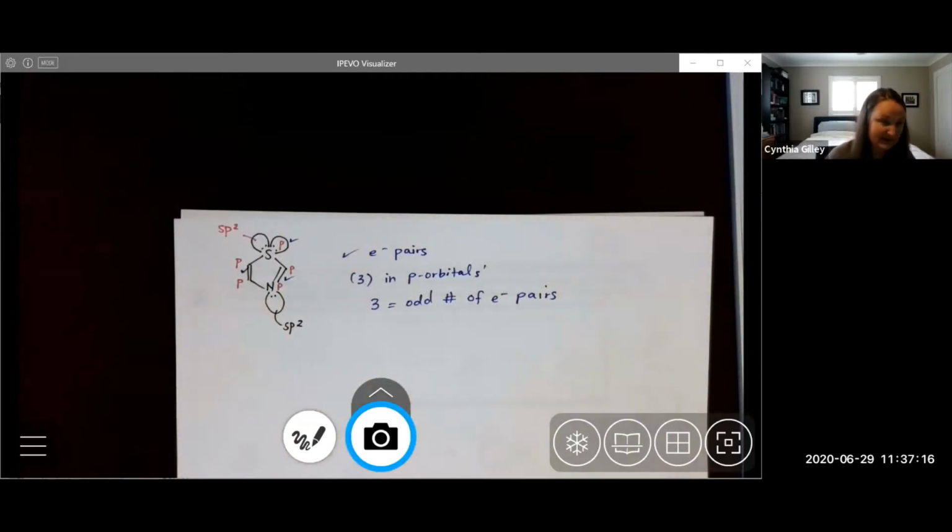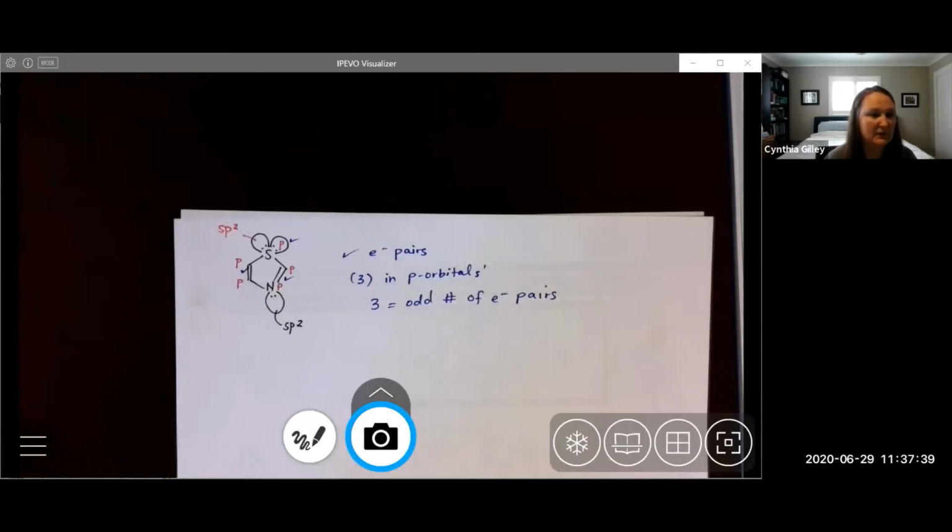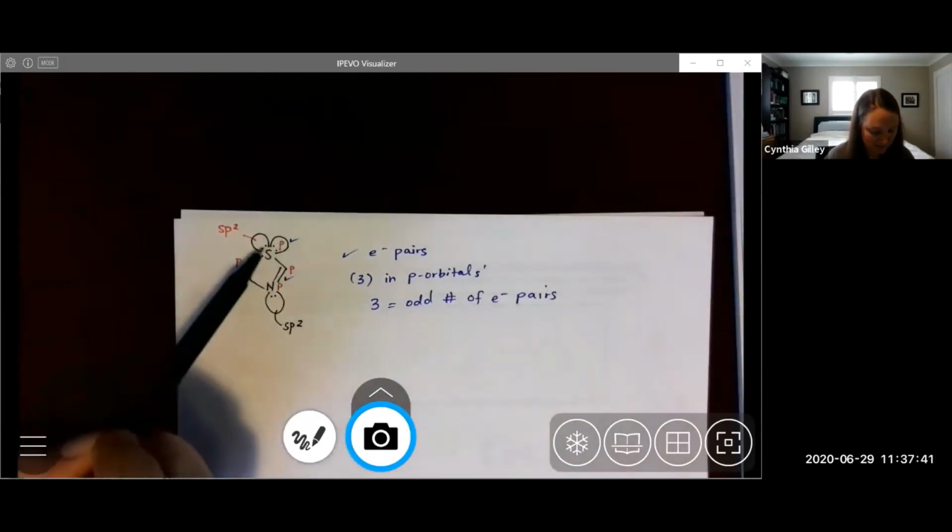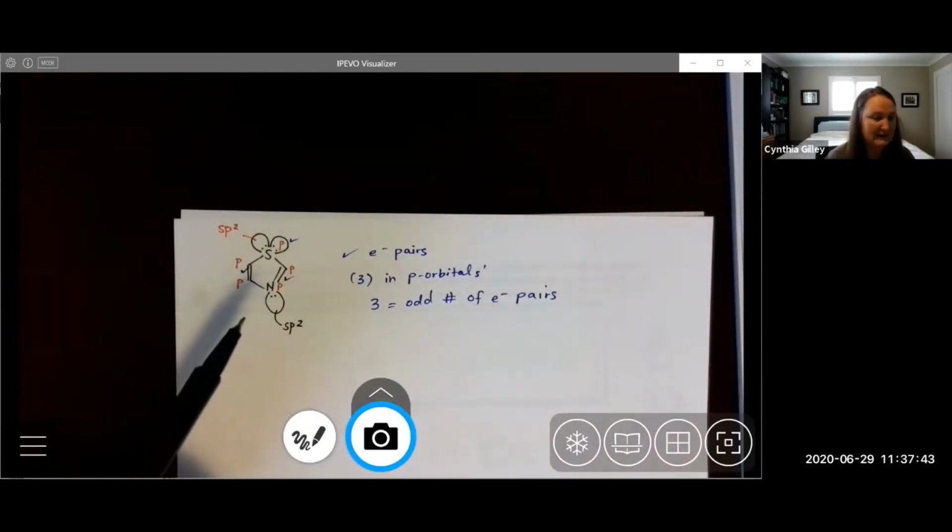But if instead of going to sp3 hybridization, it goes to sp2 and puts one of its lone pairs into a p orbital, then it has a fully conjugated ring, an aromatic number of electrons, which means a full set of bonding molecular orbitals, which will make it really, really stable. So this sulfur is not sp3, instead it is sp2.